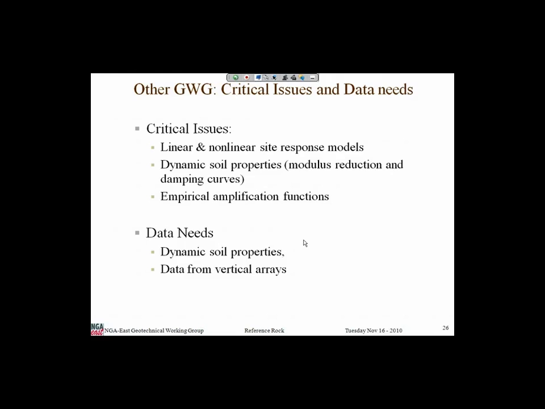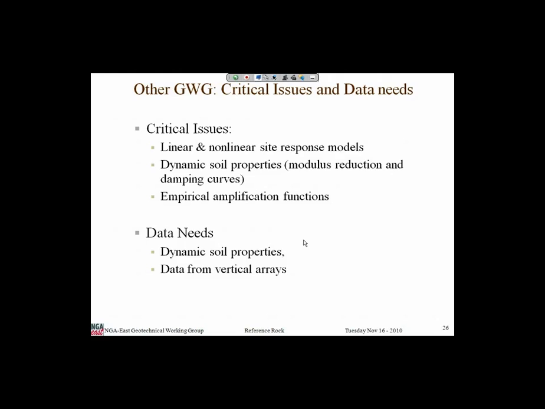We're going to have to develop idealized soil columns across the eastern United States, representative of central and eastern, that we will use to run simulations using the ground motions generated by the simulation group. Not all the ground motions they generate, but selected subsets of their motions. And we're going to use that and temper it with empirical amplification functions, if we can find some, and then develop our amplification functions.